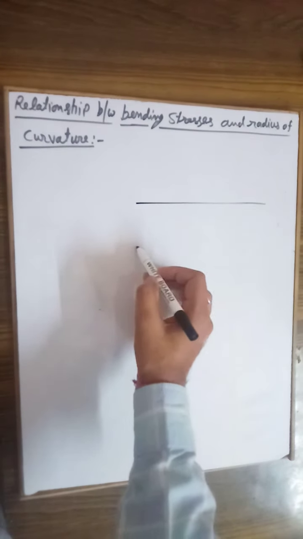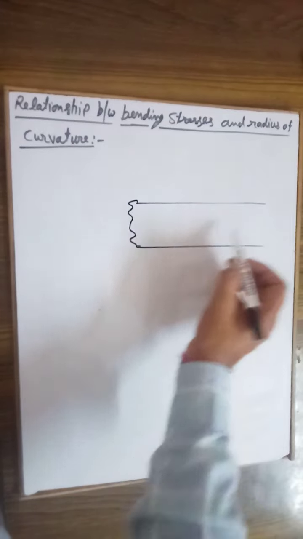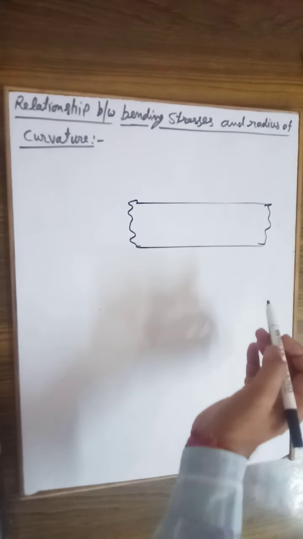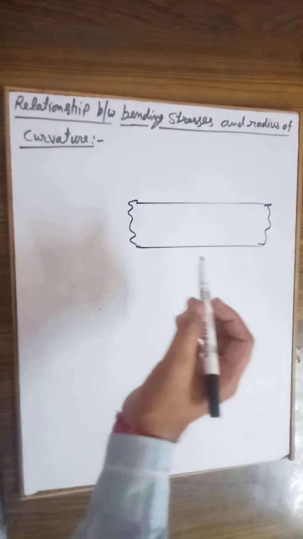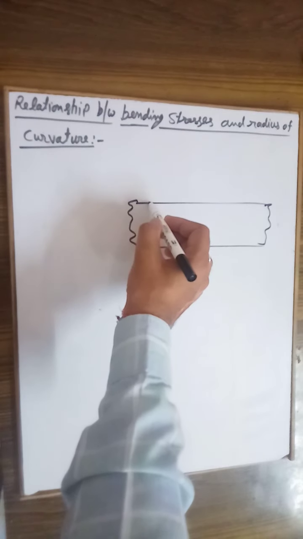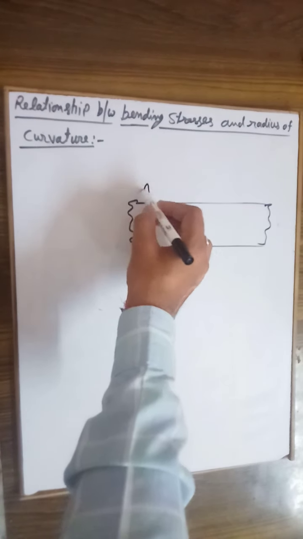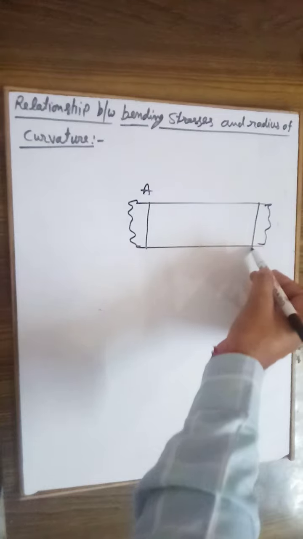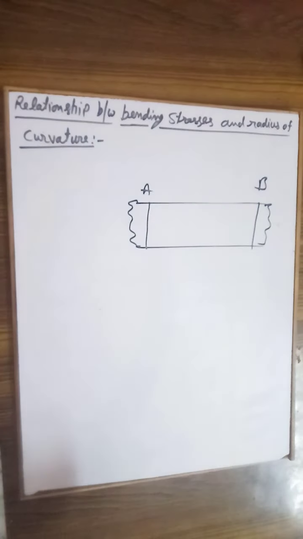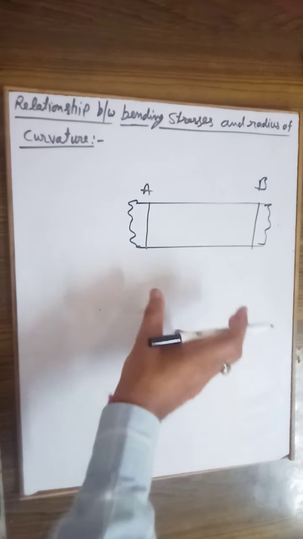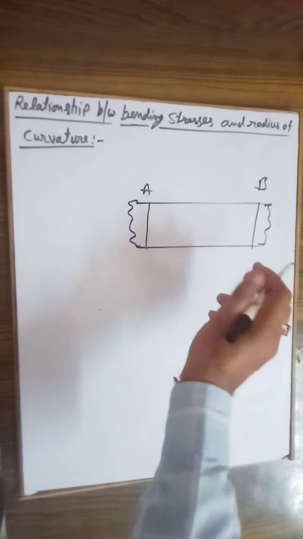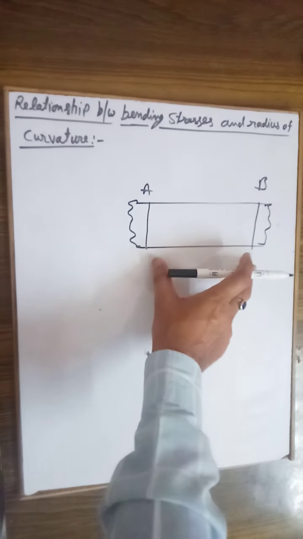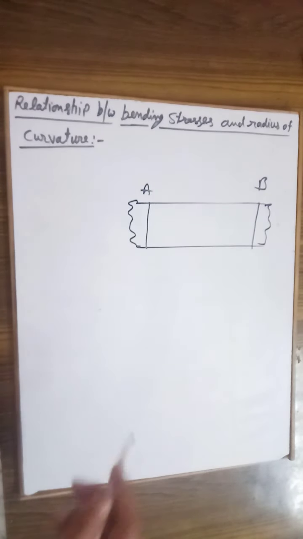Let's say it is an element of length AB. We can consider this part as A and this part as B of the beam. So this is a beam, and we are considering the part AB of the beam as shown in the figure.